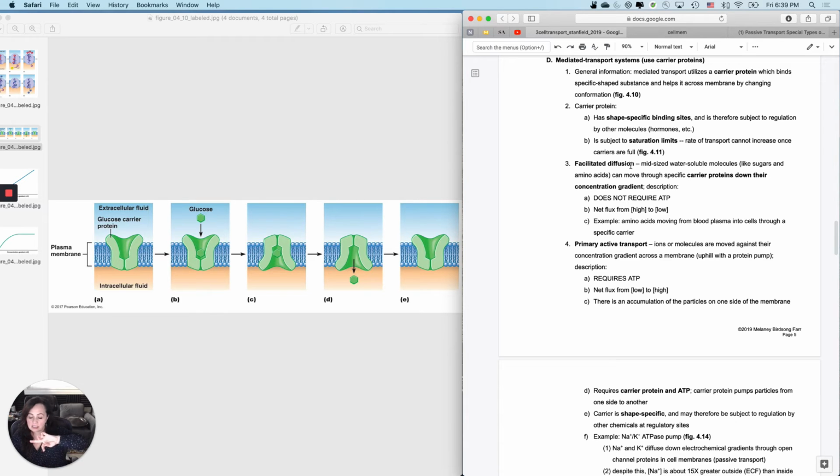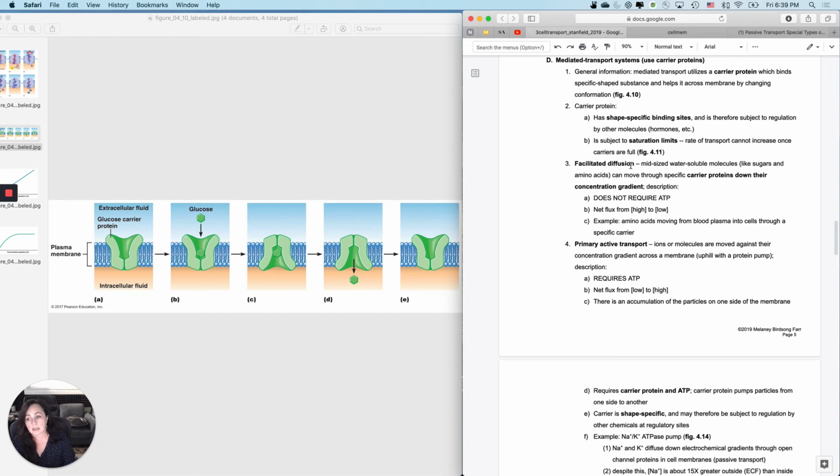And think of it like a revolving door in which the door has to do some of the moving. It doesn't require ATP. Even though the thing wiggles, it really only wiggles because the binding makes it change conformation, and then the dropping off makes it change conformation again. So the binding makes it change once, the dropping makes it change another time. So it moves something through a specific carrier protein down its concentration gradient. And the net flux is still high to low.